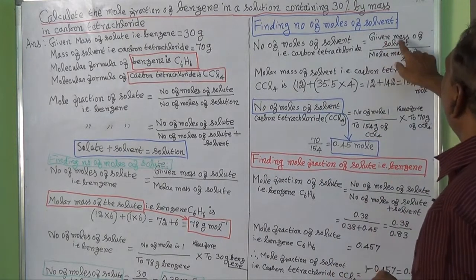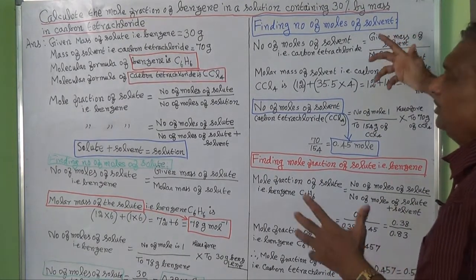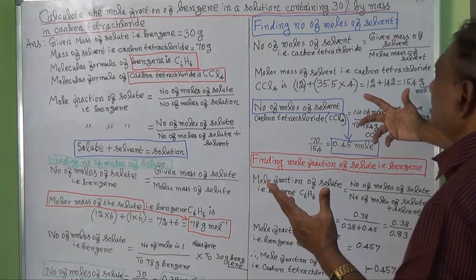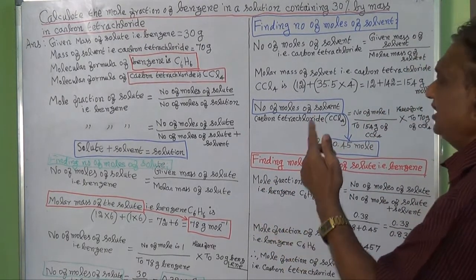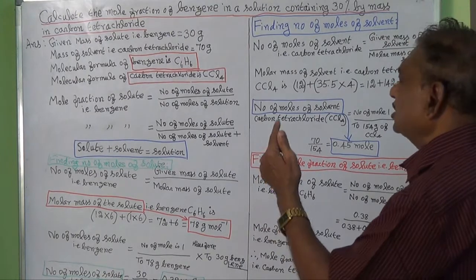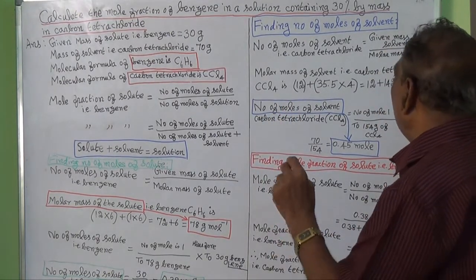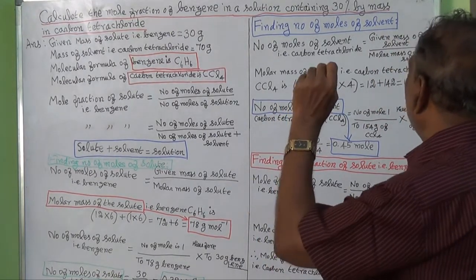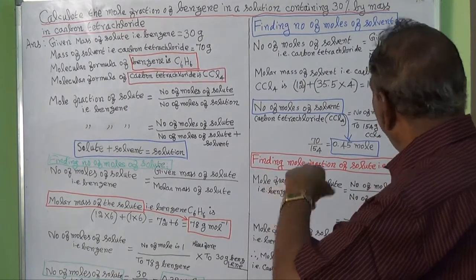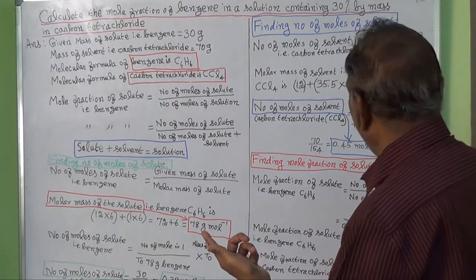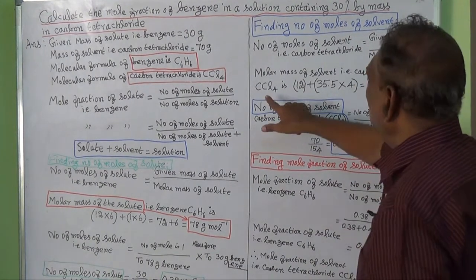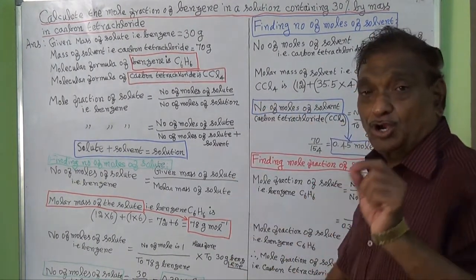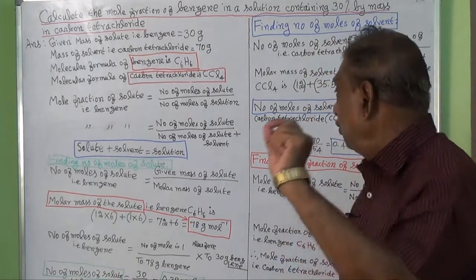But the molar mass of the solvent is not given in the sum, unlike the molar mass of the solute. So we have to find the molar mass of the solvent from its molecular formula. The molecular formula of carbon tetrachloride is CCl4.